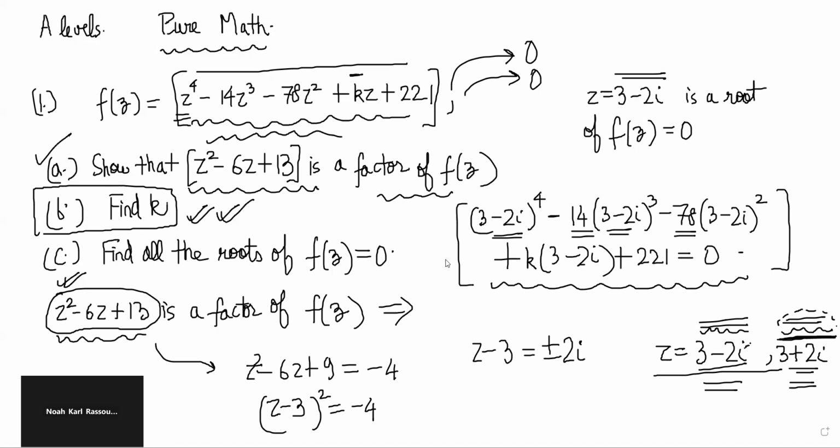Basically, you'll get an equation like this and another equation involving 3 plus 2i. So from there, you can find out the value of k, and that k will be such that the other one will also be a root.